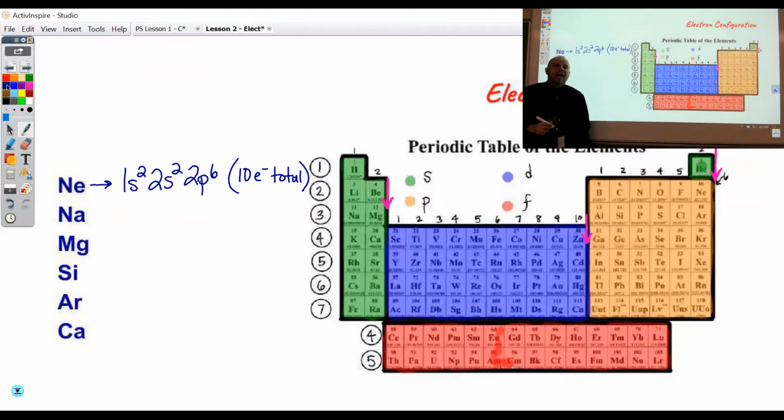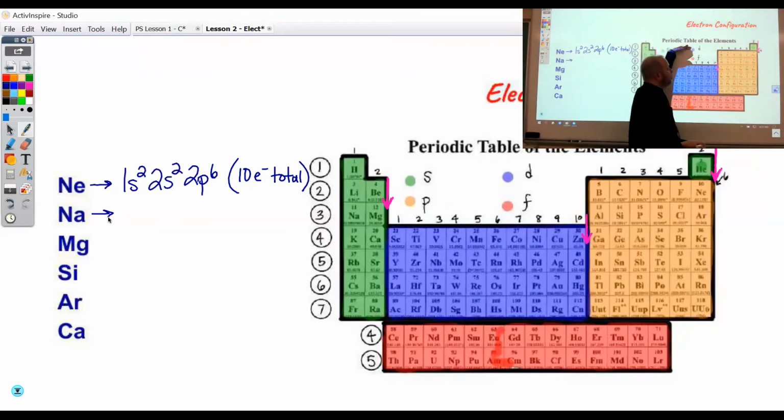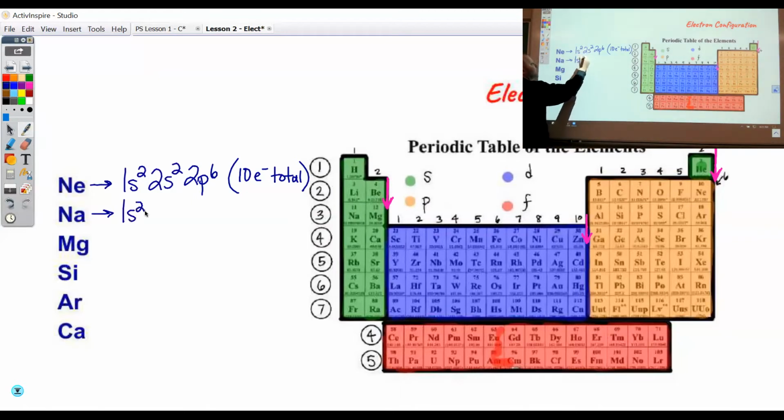Now let's take a look at sodium. So if we notice, sodium is right here. Sodium is going to start off, we're going to start up here, we're going to go across to helium, we're going to write down 1s2. It's our first energy level complete. Now we're going to start on the second energy level.